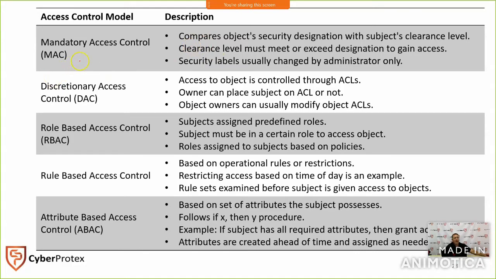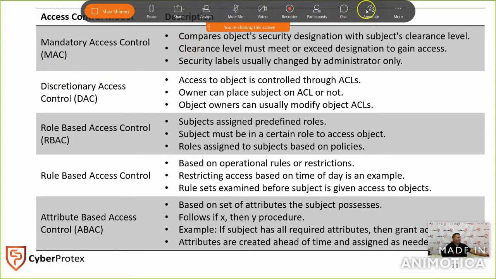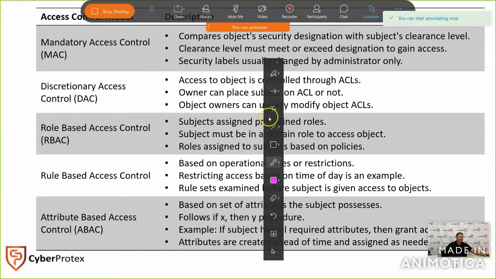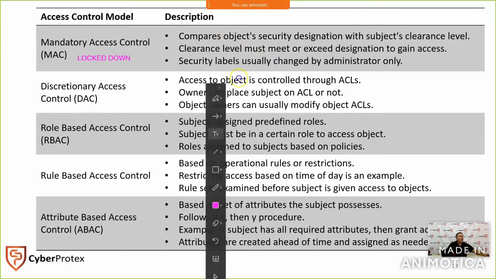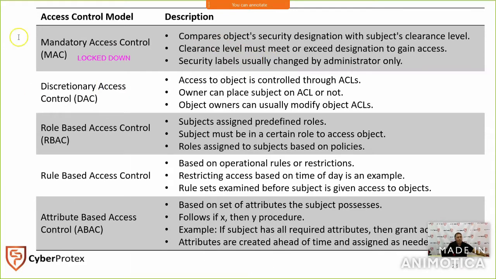between them. Mandatory access control usually means that the environment is mandated by the corporation and it's completely locked down. So what that means to me is that, if you're trying to be productive on a machine and it's completely locked down, you need to install something on that machine.